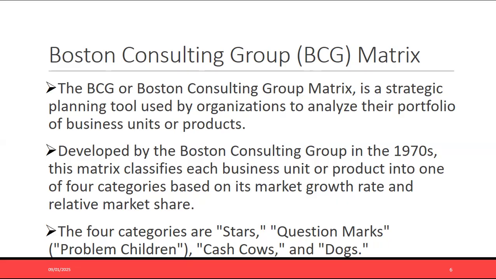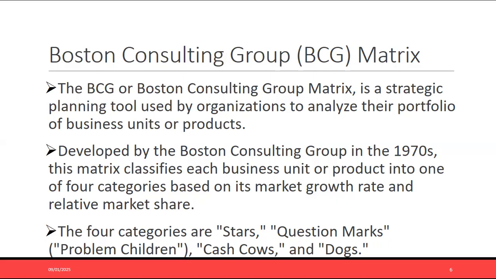The BCG matrix was developed by the Boston Consulting Group in 1970. What it does is to classify the various business units or the products that the organization has into one of the 4 categories based on its market growth rate and then the relative market share.